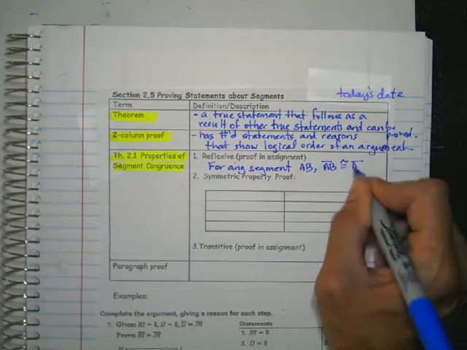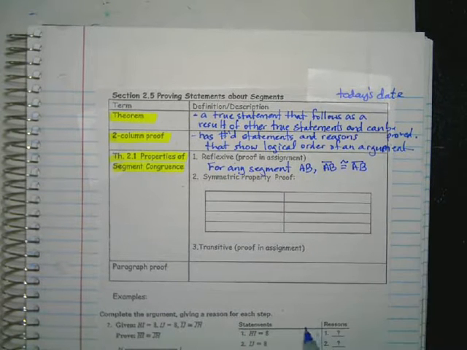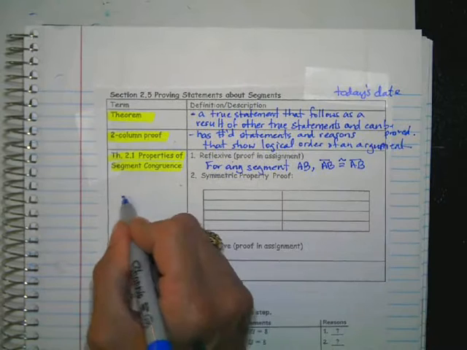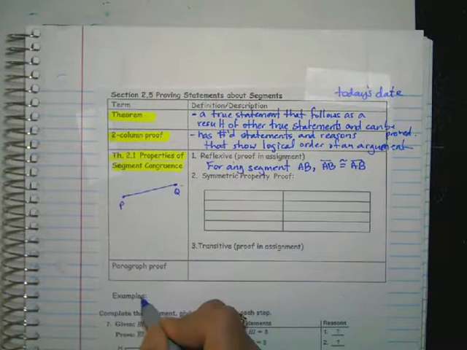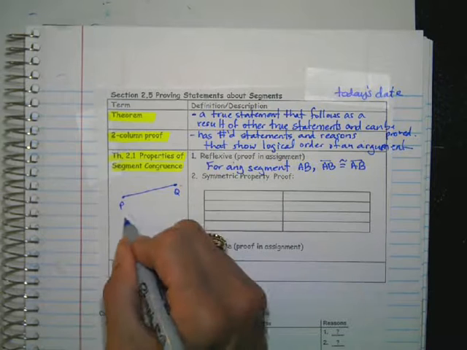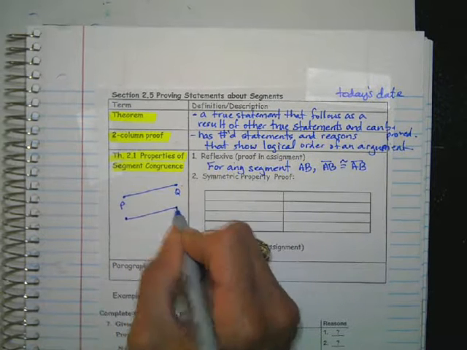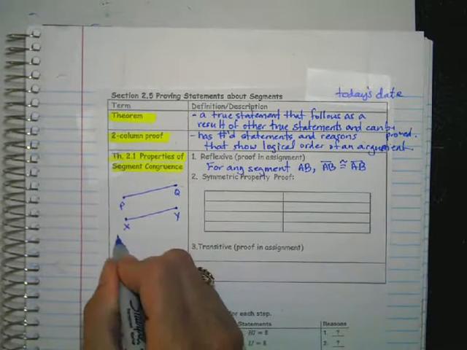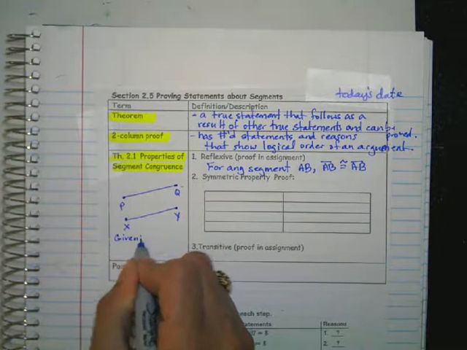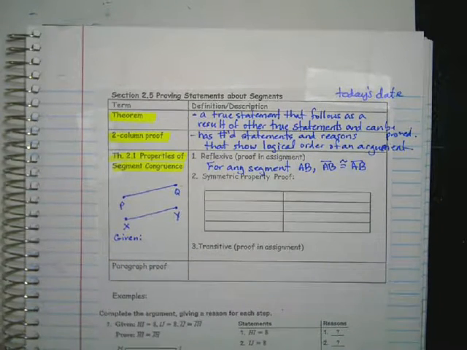So I'm going to draw a picture here of line segment PQ and line segment XY. You're always given information in proofs, and you'll love your given information because that helps get you started.